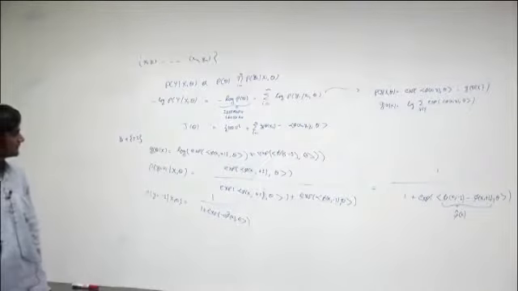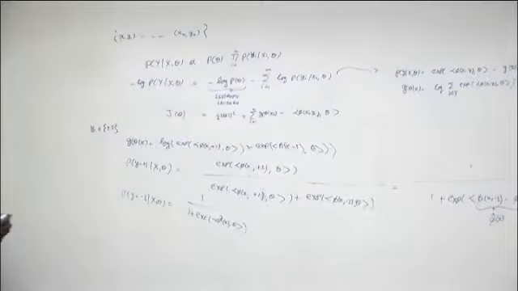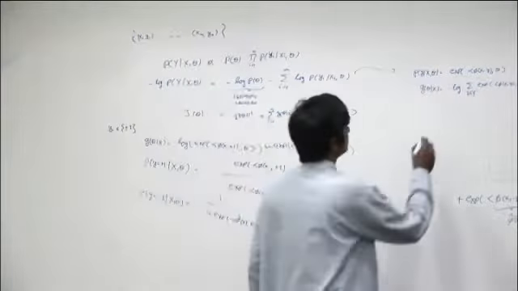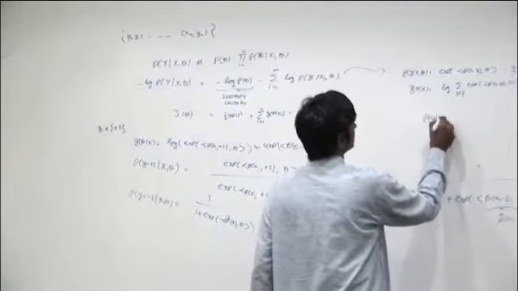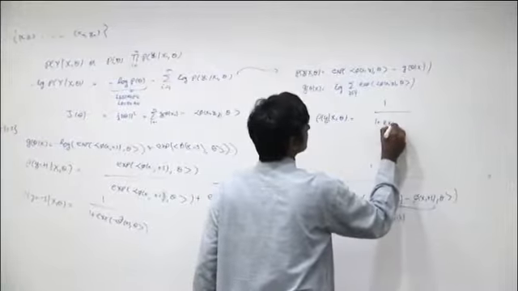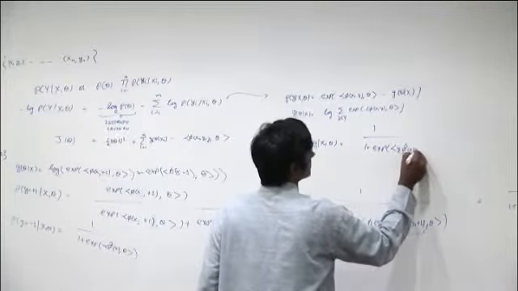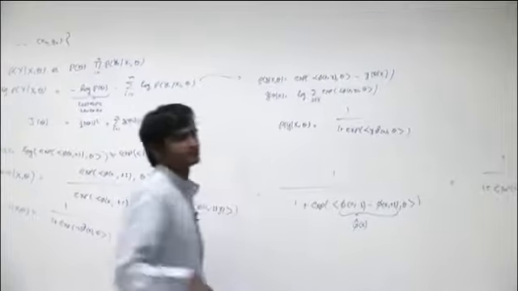So I can combine the two and write them as follows: p of y conditioned on x and theta is nothing but 1 over 1 plus exp of y times phi hat of x times theta.